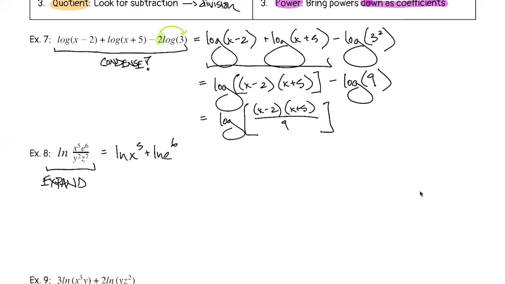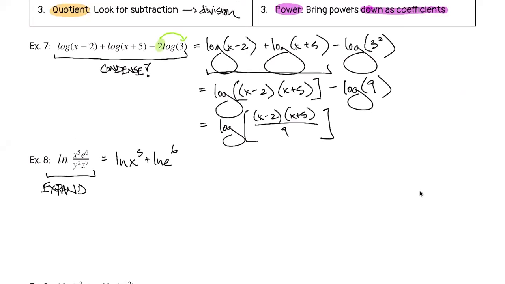Now we can almost do the same thing on the bottom, right? We've got natural log of y squared plus natural log of z to the 7th. Okay. Wouldn't it have to be? Yes. Okay.